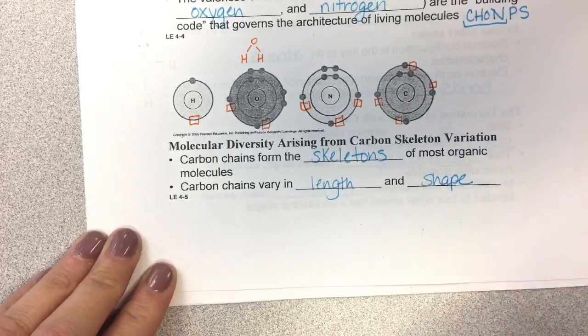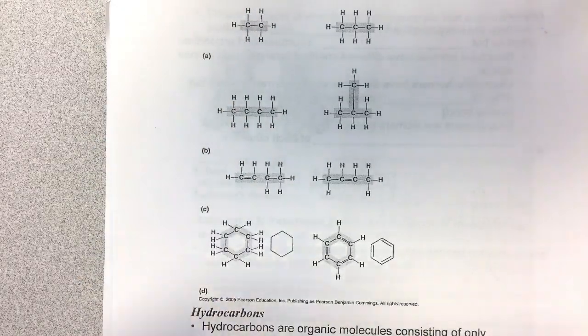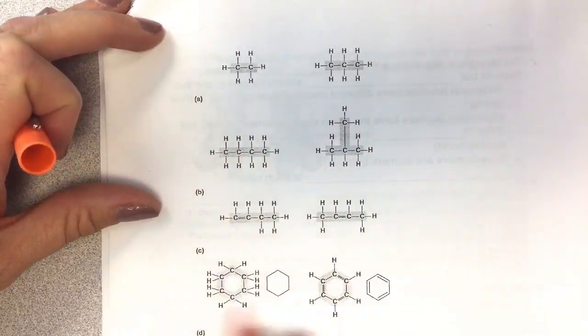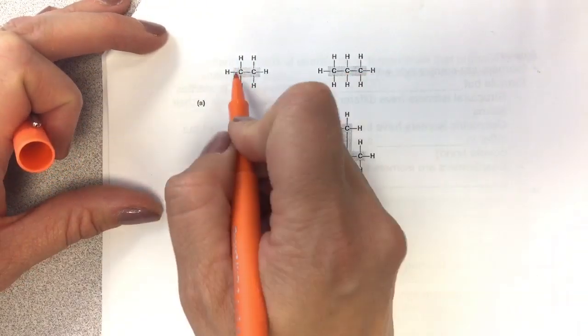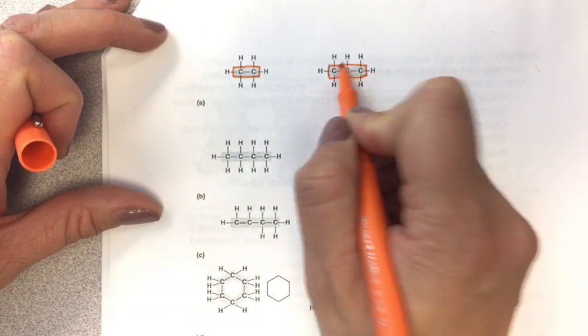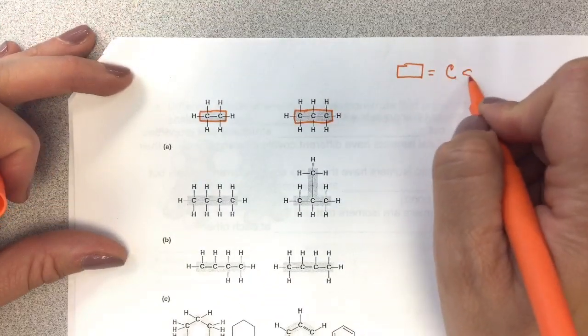If we look at the next page, this shows you this. Let's look at a particular color here. The shaded part in these different molecules is the carbon skeleton.